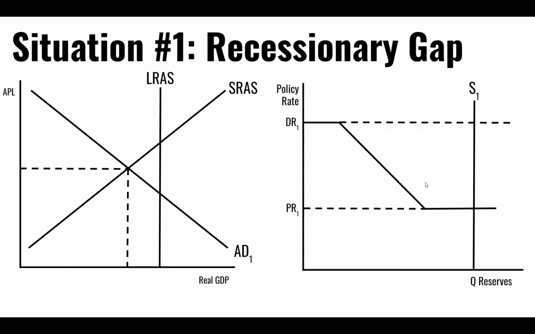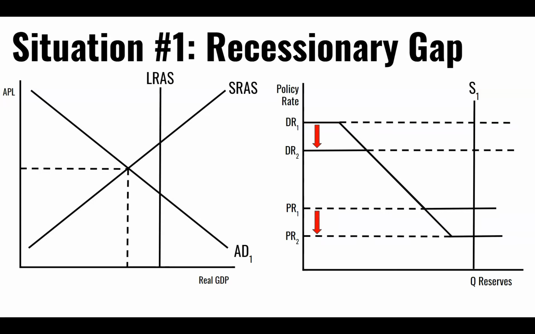So they can announce a reduction in the policy rate, which will lead to a reduction in the discount rate. And so we see a new demand for reserves created with a lower interest rate. That lower interest rate leads to an increase in consumption and investment spending, causing aggregate demand to shift to the right.